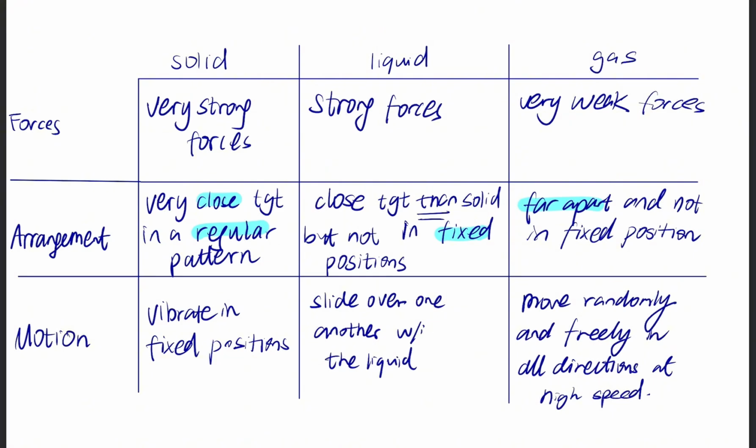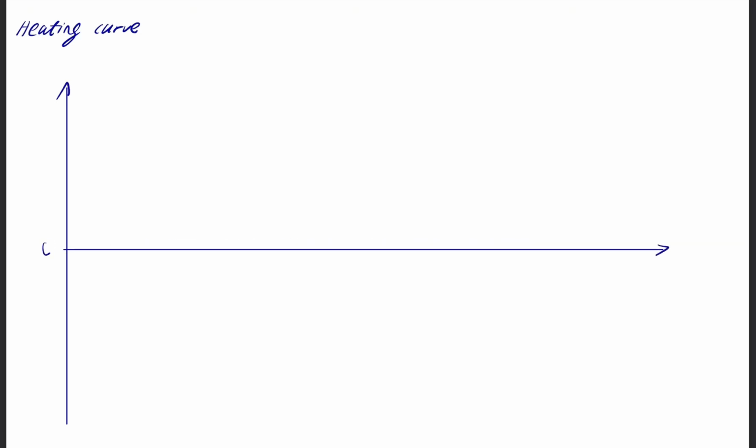Now we know that there are three states. We're going to put in a variable. So let's say the temperature increases from low to high. What happens to the particles? What happens to the change in states? And this is when we bring in the idea of the heating curve. Take water, for instance.